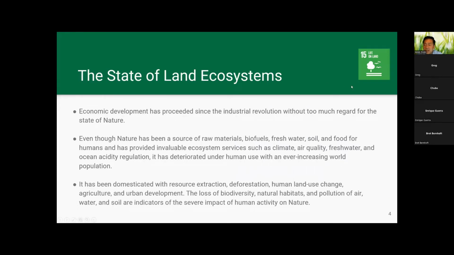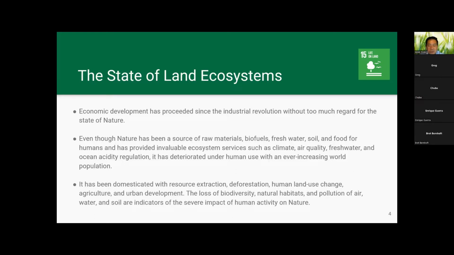So first, land, which is what they call SDG number 15. There are 17 goals, and this is goal number 15. Since the Industrial Revolution in the 18th century, nature was just a passenger.